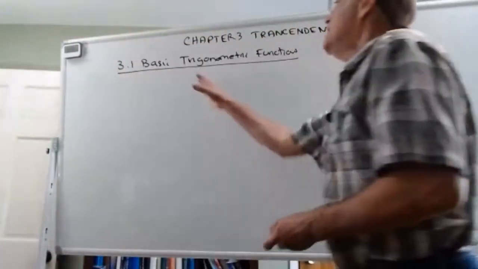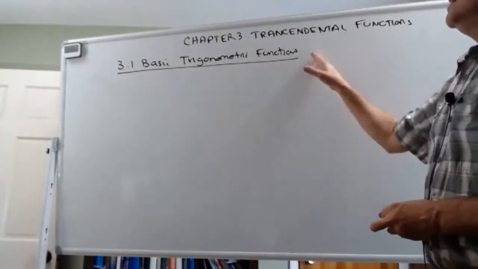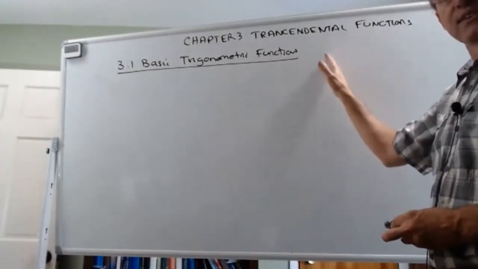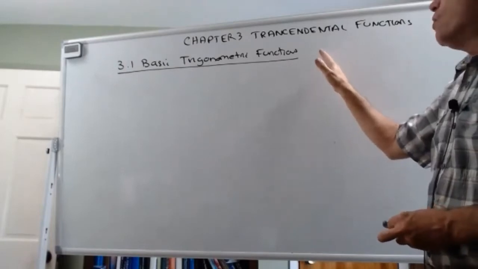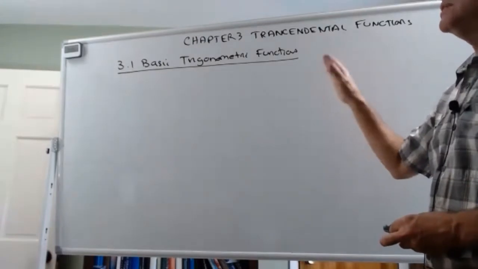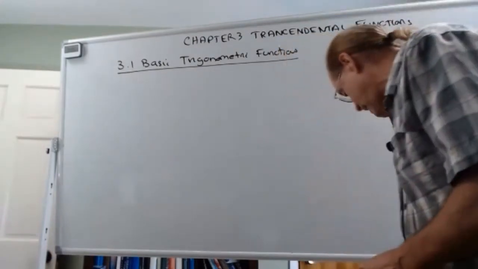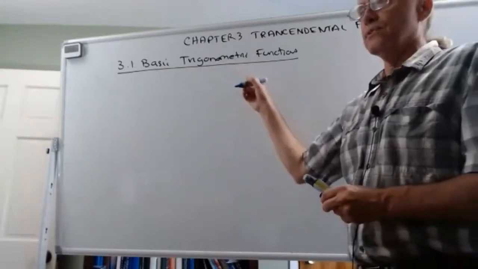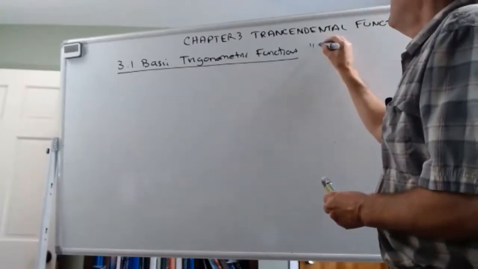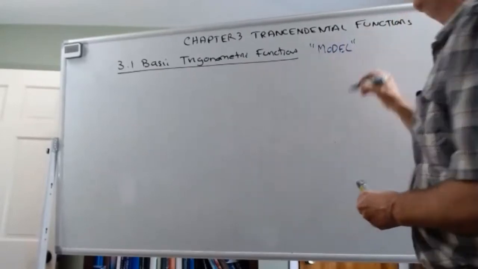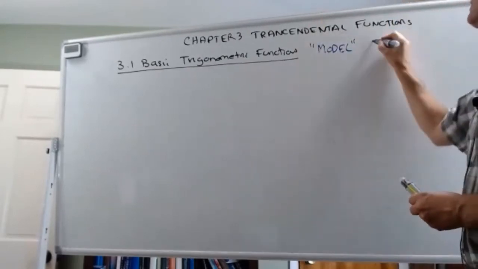So we're going to look at some basic trig functions. A lot of you probably remember right triangle trigonometry and its development. We're not going to do it that way. Not that there's anything wrong with it, but we want to emphasize that what we are trying to do with these types of functions is model cyclical behavior.